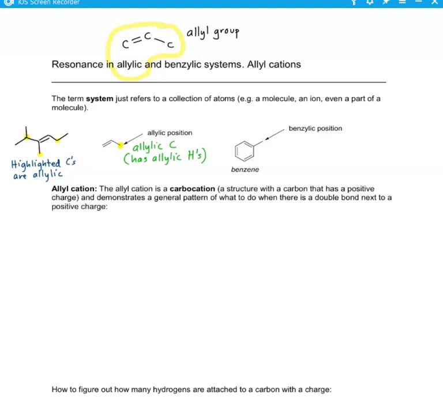The benzylic position, or the benzylic carbon, is similar. So in a benzylic position, you have a benzene ring and a carbon directly attached to it. That is called a benzylic carbon. Any hydrogens attached to that carbon would also be called benzylic hydrogens.